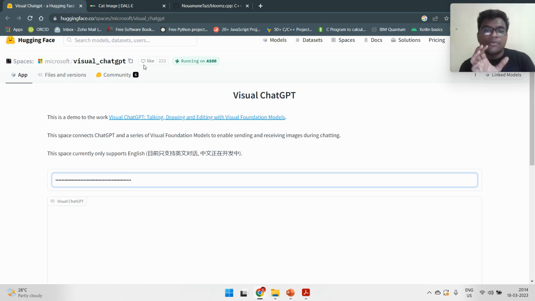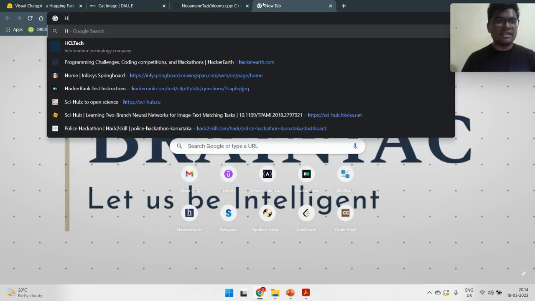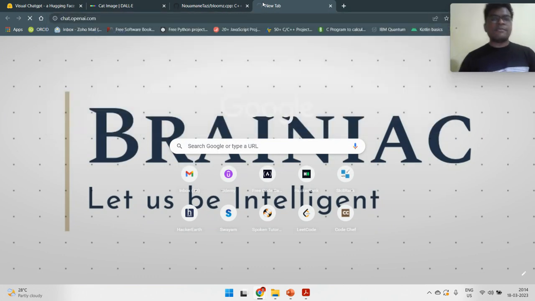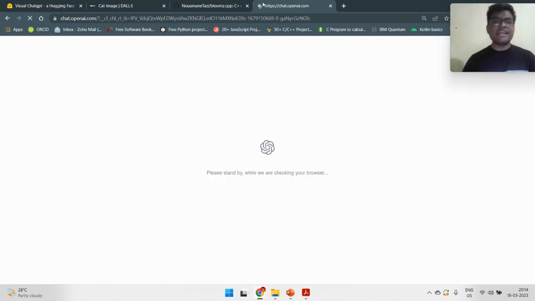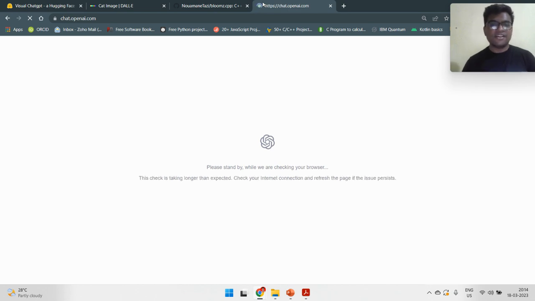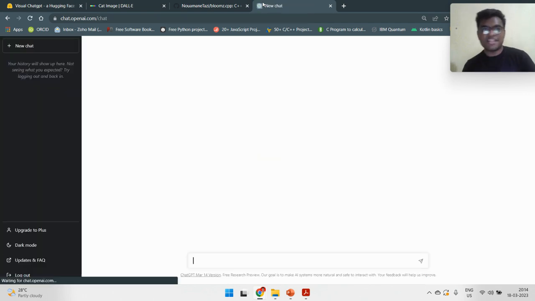A very important thing about visual ChatGPT is that you can communicate with ChatGPT in the form of visual things. Let's try it: let me open my ChatGPT here. I'm going to give you an instance. Let's ask ChatGPT to generate a cat image for me. I've done lots of things in ChatGPT and GPT-4.